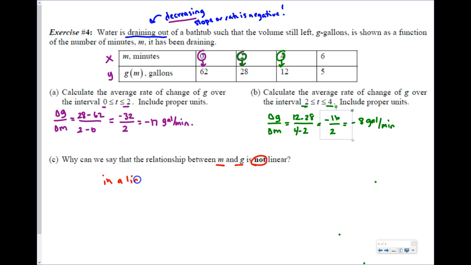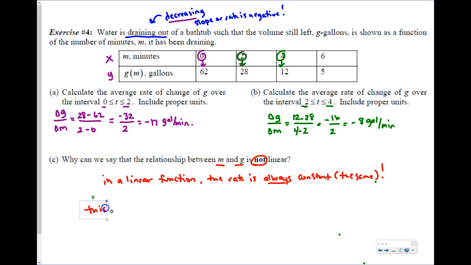In a linear function, the rate is always constant, meaning the same. Always.